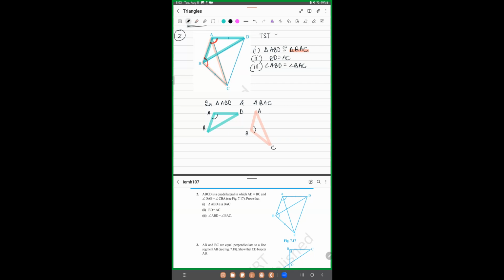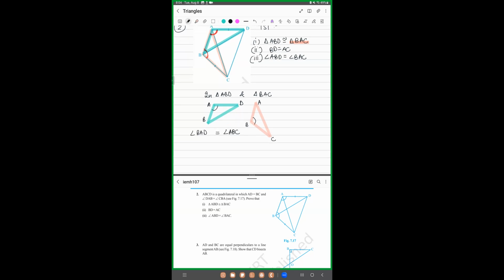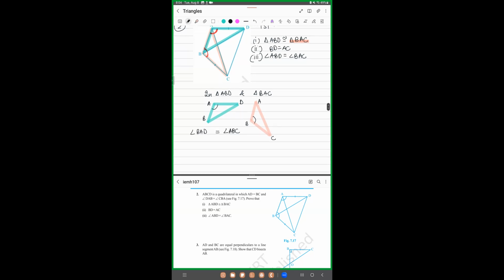The side AB, this side is equal to this side, obviously, because AB is equal to AB. Right over here, you write common side. These two triangles have AB as common.